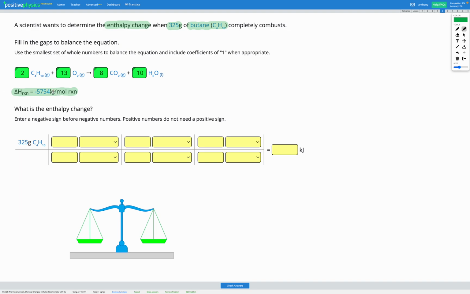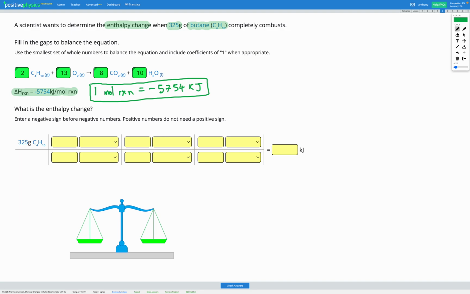That's in units of kilojoules per mole of reaction. So what that tells us is that 1 mole of the reaction has an enthalpy change of negative 5,754 kilojoules. So that's the conversion factor we get from our enthalpy change of reaction.